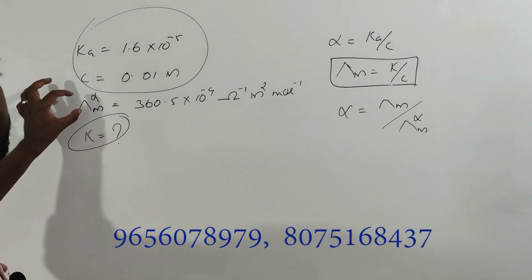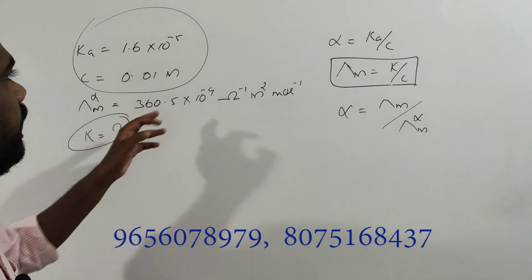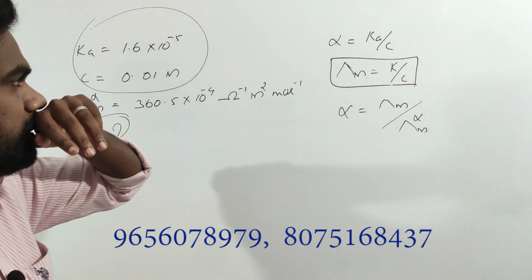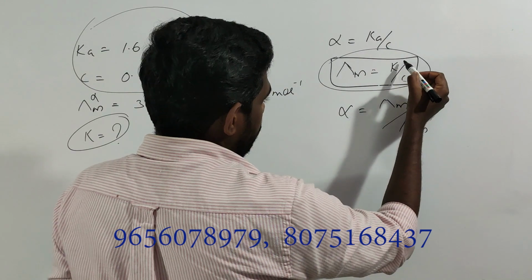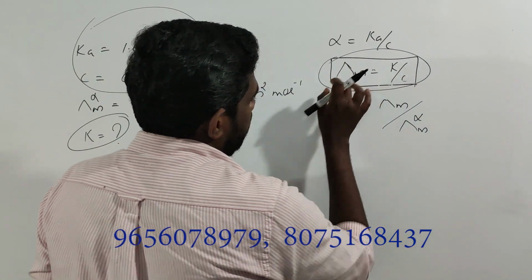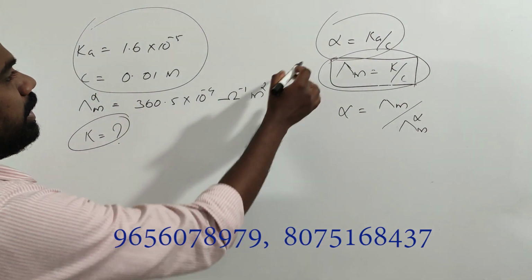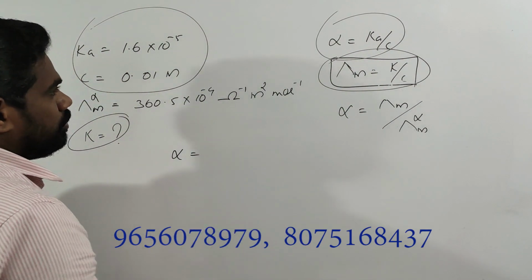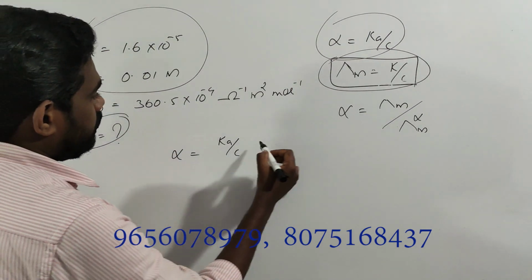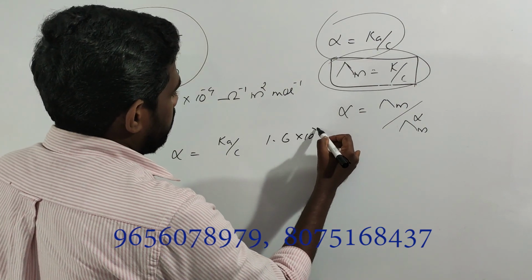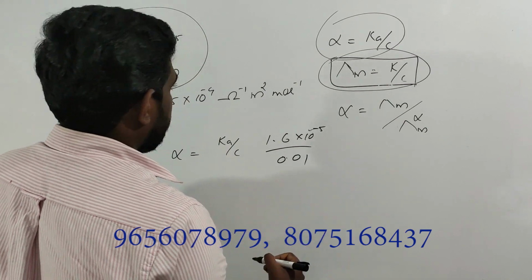For that we are given lambda m infinity and Ka. Ka and concentration are given. From these values we should find the value of alpha first. This is the last equation we should use. The aim for us is to calculate lambda m. For that, first substitute the values of Ka and C here and find the value of alpha. Dissociation constant equal to Ka divided by C. Ka is given, 1.6 into 10 raised to minus 5, divided by concentration 0.01.